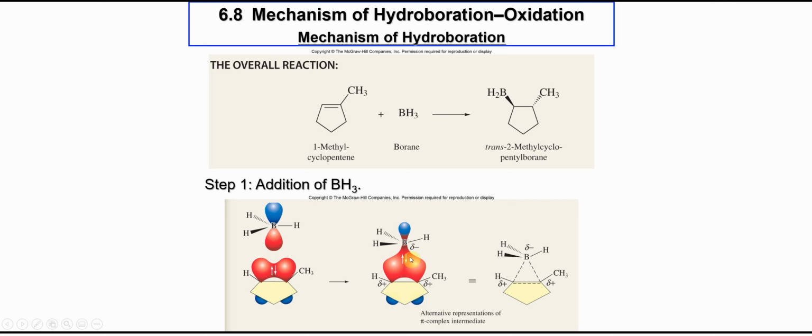Therefore, you form something we call the pi complex. This case will make your double bonded carbon partially positively charged and make your boron partially negatively charged. This partially negatively charged and partially positively charged intermediate is not stable.